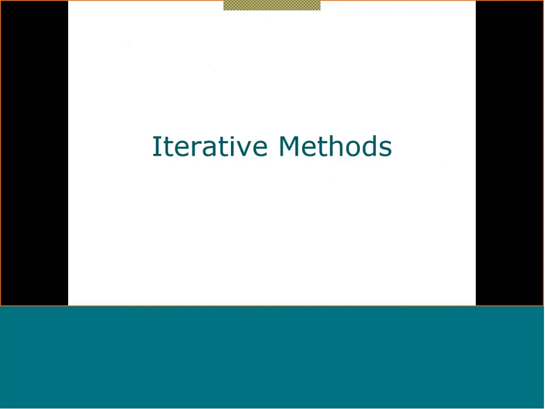The last thing I will introduce today is iterative techniques. This is now a completely new topic to you, and we will see what we mean by iterative techniques, why we use them, and why we don't stick to Gauss elimination with partial pivoting.